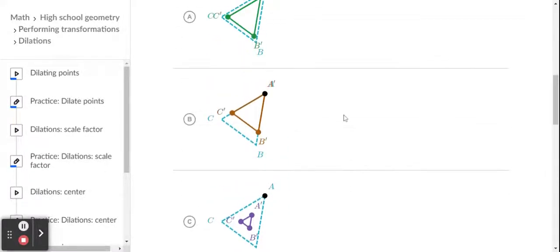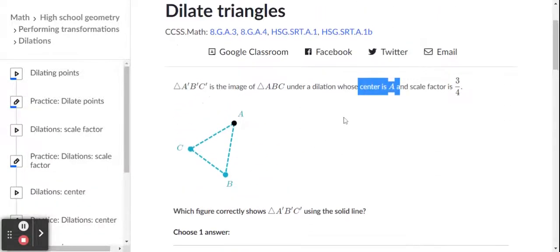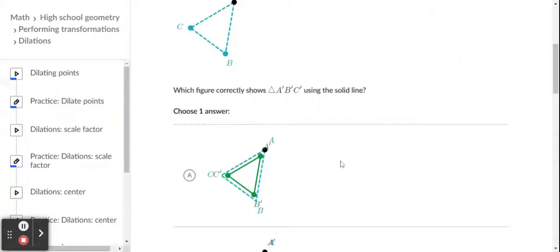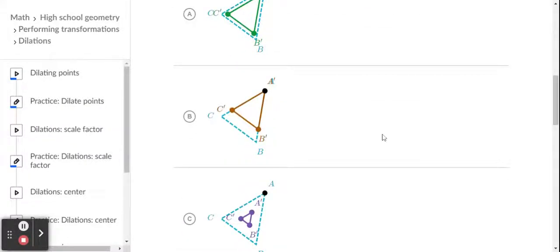Okay, so let's think about what we do with the scale factor. If we multiply by the scale factor of 3/4, let's look at one of our possible ones. Let's say this line, A to B, used to be 1 unit long. If I multiply by 3/4, then I'll get 3/4.